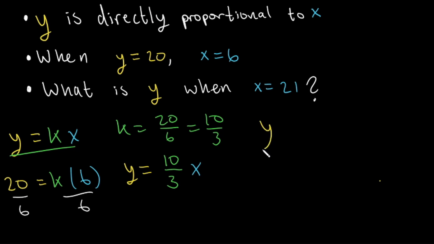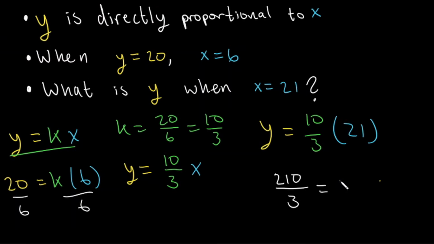Y is going to be equal to 10 thirds times 21. 21 times 10 is going to be 210, and then we can divide that by 3. If 21 divided by 3 is 7, then 210 divided by 3 is going to be 70. So when x is 21, y is going to be 70.